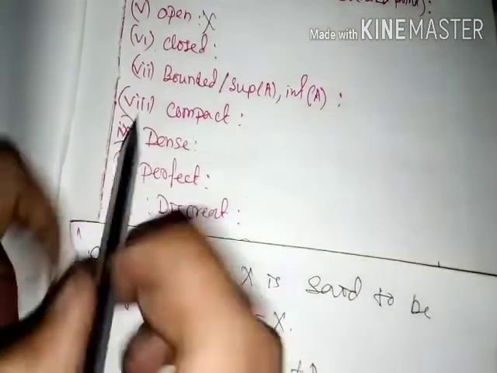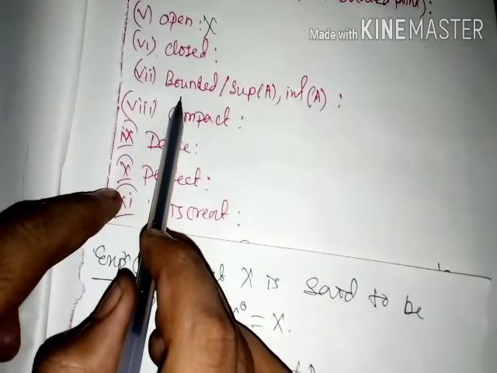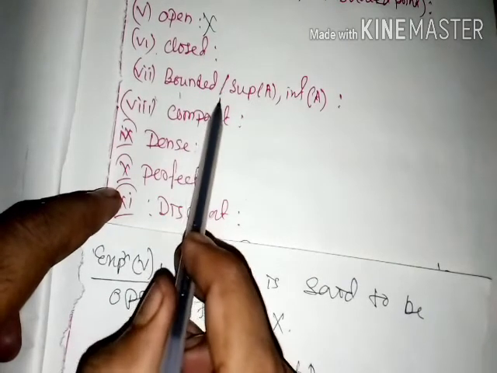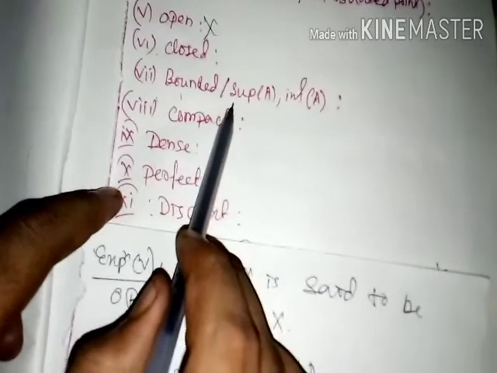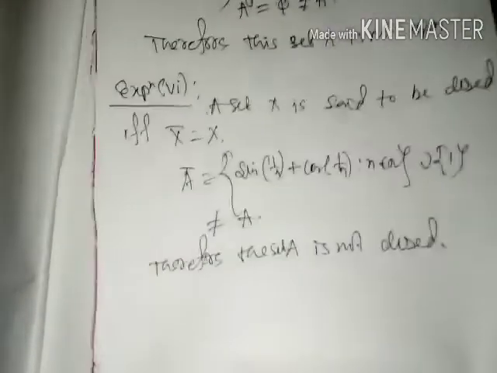Next we find whether this set is bounded or not, and also sup of A and infimum of A. Explanation of option 7.